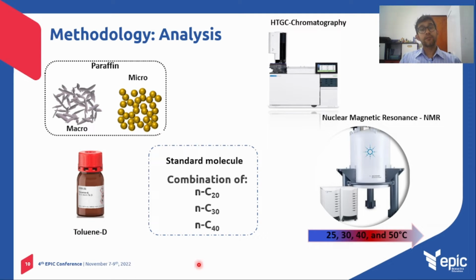We also use some standard molecules with 20, 30, and 40 carbons. We use chromatography in this case. The idea was to determine the carbon distribution for the micro and the macro wax, and to measure the diffusivity we use NMR at different temperatures.